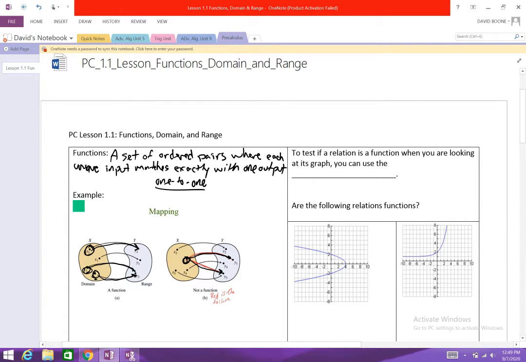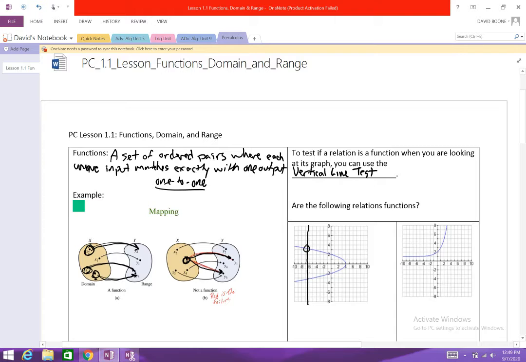One way to test to see if a relation is a function, when you're looking at a graph, is to use the vertical line test. Basically, you just draw a vertical line through a graph.